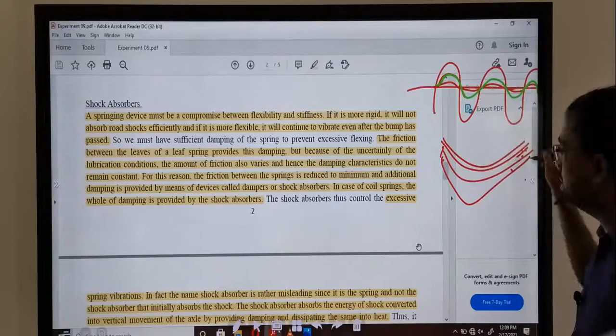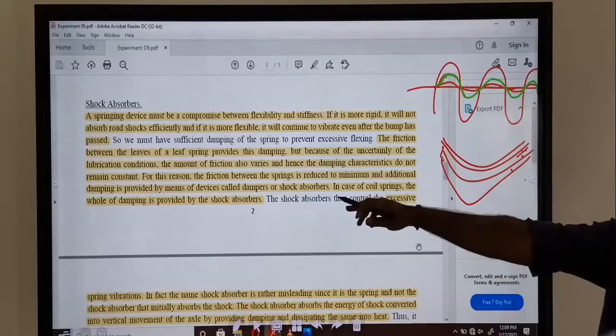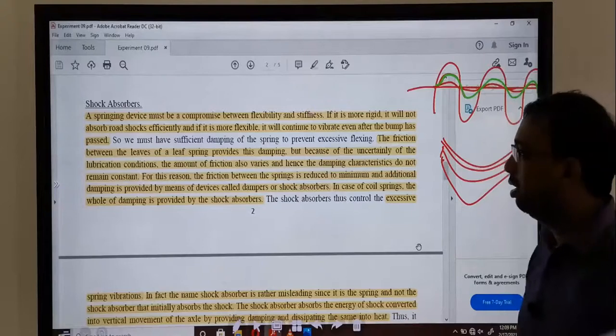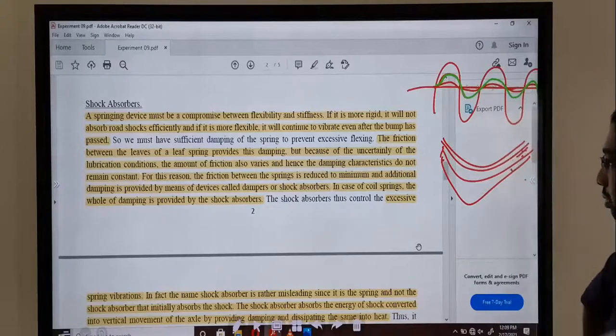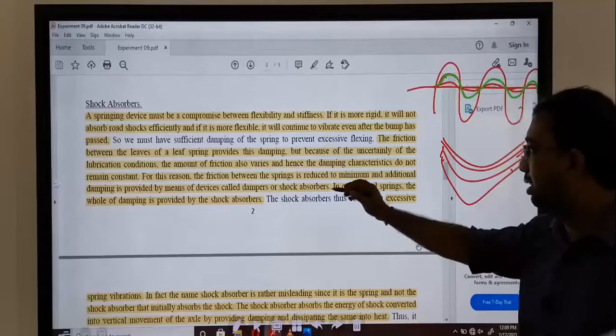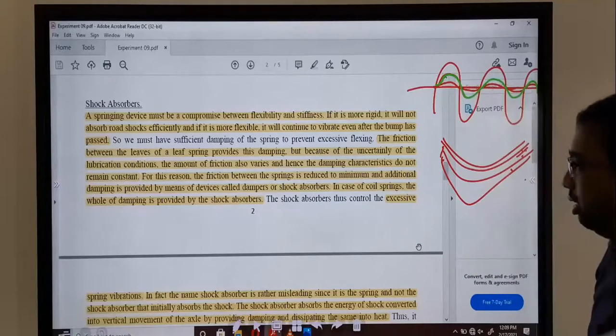It may change because of this friction, due to the uncertainty of the lubrication conditions. For this reason, the friction between the springs is reduced to a minimum and additional damping is provided.